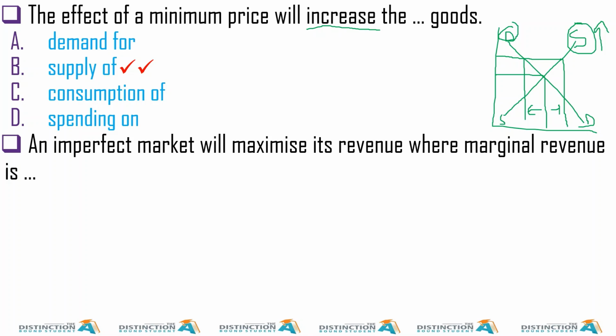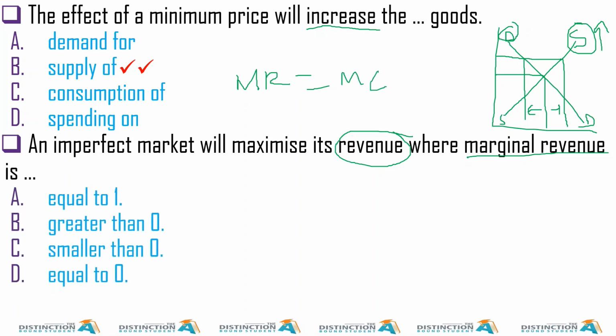An imperfect market will maximize its revenue where marginal revenue is. Okay, this question will confuse you just like the previous one. The keyword is revenue, and this marginal revenue will confuse you. Why? Because you know that marginal revenue is equal to marginal cost, and they'll be sneaky. They'll put that MC. Oh, it's not there. Okay.